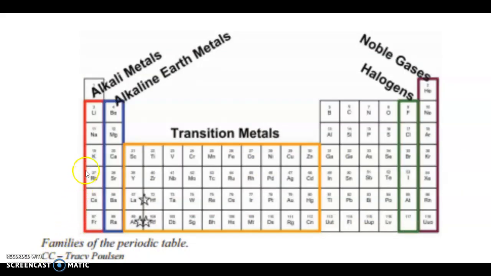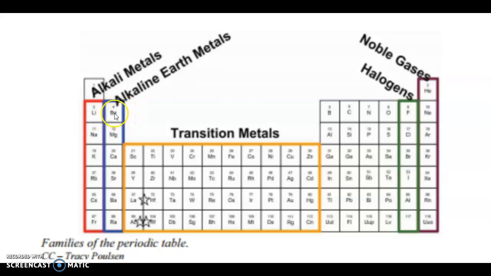Now just to run through the names of these families real quickly. This left side family is the alkali metals, everything here with 1 valence electron. Hydrogen is excluded from that since hydrogen has unique characteristics. Everything over here on the far left is going to be an alkali metal, and they're all going to react very strongly with water. It's because of that 1 valence electron that they will react similarly.